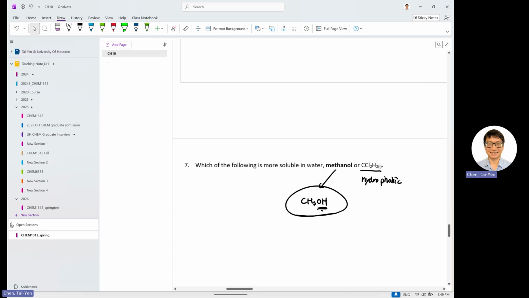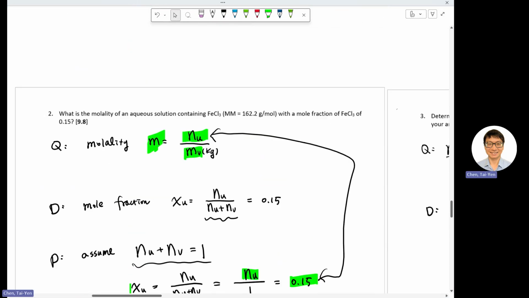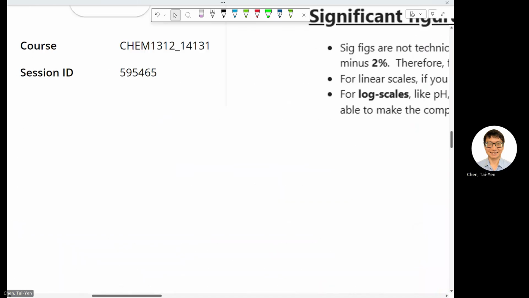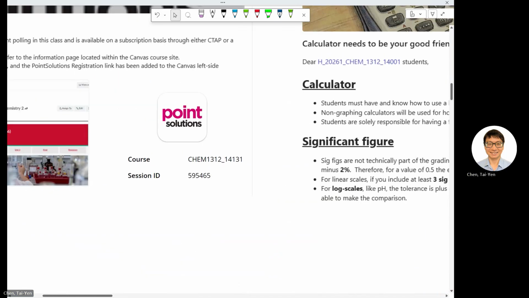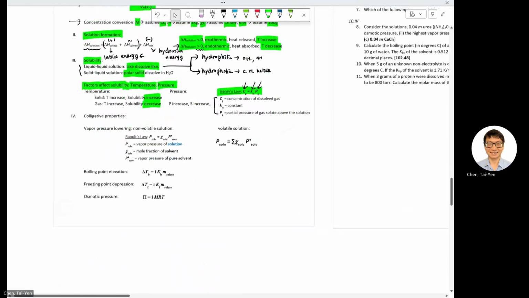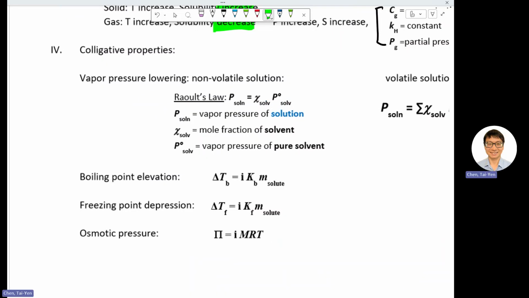The very last topic we want to go through today is one of the most interesting concepts of this chapter. It has a very interesting name: colligative property.